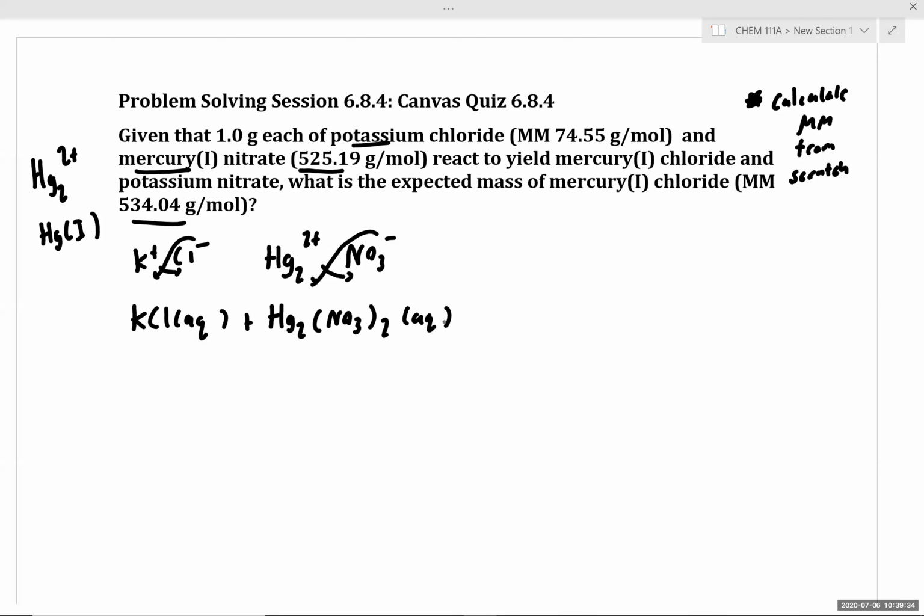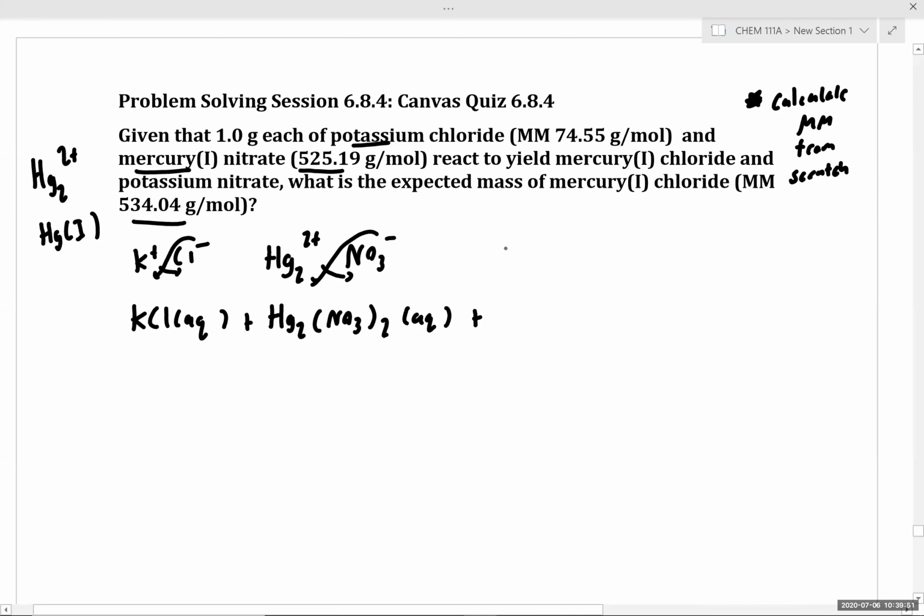So if you calculate the molar mass of mercury 1 nitrate, you'll notice it matches the given molar mass of 525.